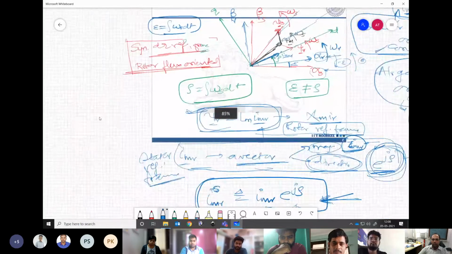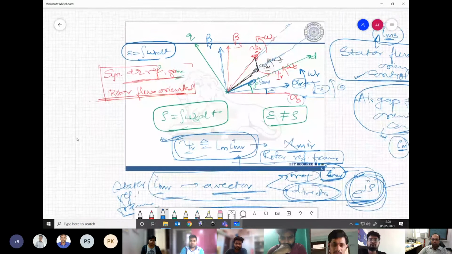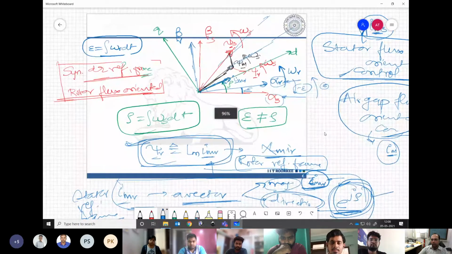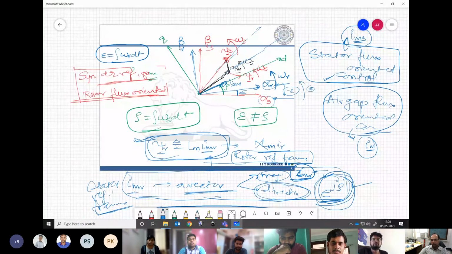So we started with first understanding what the different reference frames are. We found that there are actually three frames of reference. One is alpha beta with respect to the stator, another is alpha beta with respect to the rotor, and the third one is dq with respect to our rotor flux orientation, which is synchronously revolving.